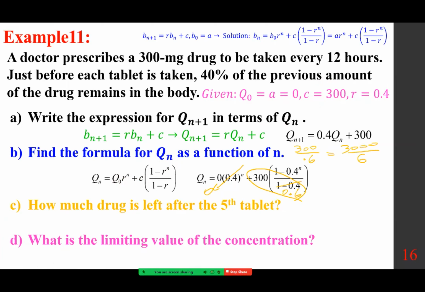The 300 over 0.6, I write that as 3,000 over 6, which is 500. The reason we do that is that for the next two parts, it makes the calculation easier.